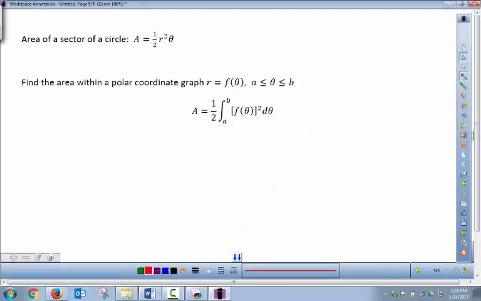In geometry, you have an area of a sector. The area of this piece of pie is going to be 1/2 r squared theta.